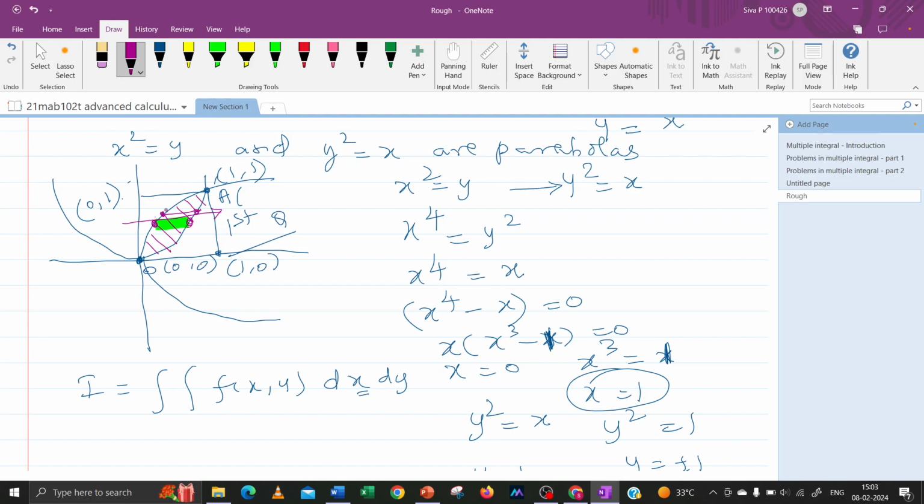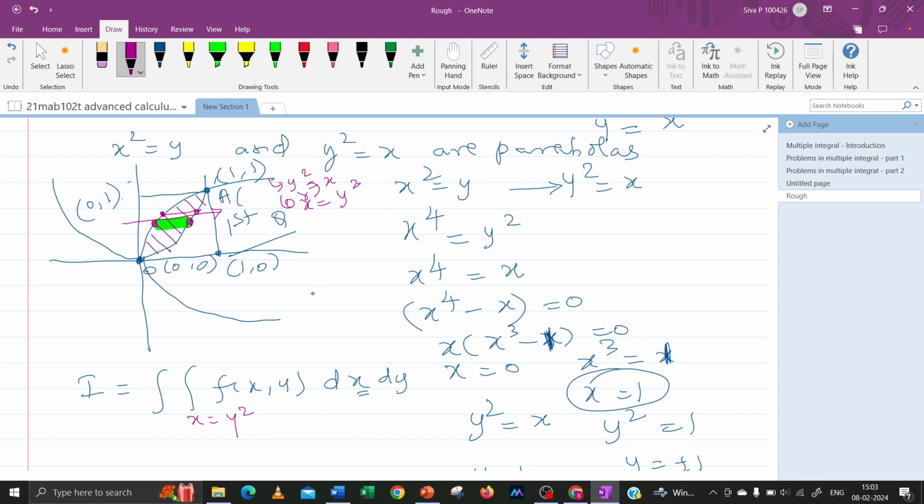So therefore, what is this first parabola? The first parabola is y square equal to x. But you have to write in terms of x, is it not? So x equal to y square is where we start, and to end with here, x square equal to y.